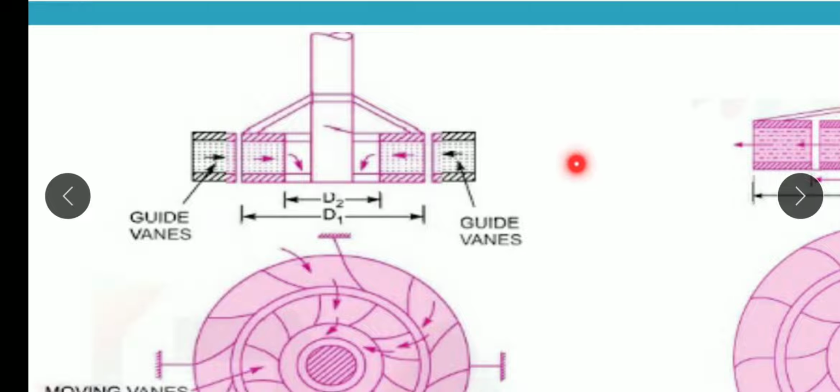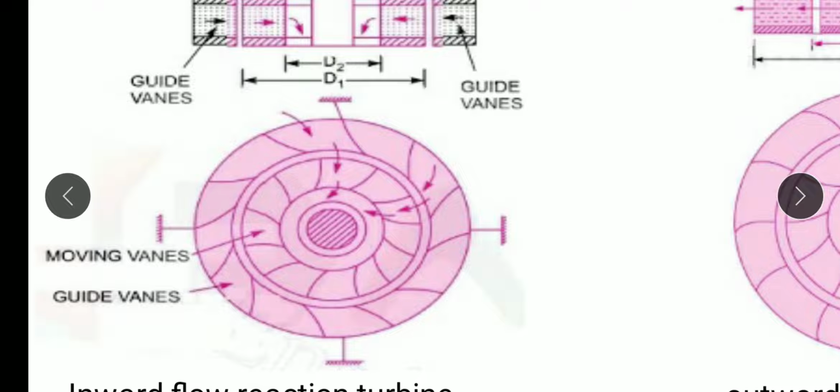So water is coming from outward to the guide vane, then from the guide vane to the runner, and it reaches the center of the runner, that is the shaft of the runner. From outward to inward, this is called an inward flow reaction turbine. See, water is coming from the outward to inward, this is called an inward flow reaction turbine.